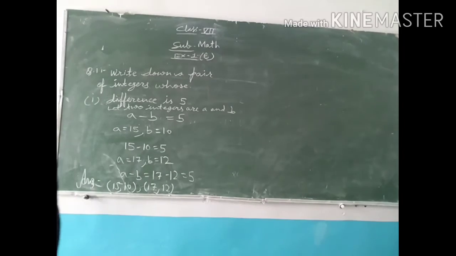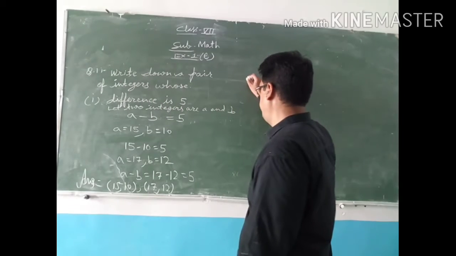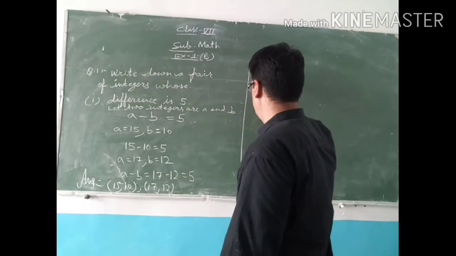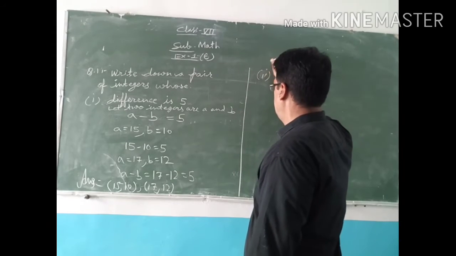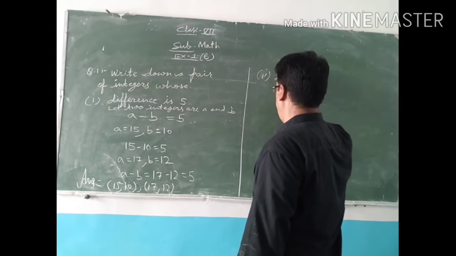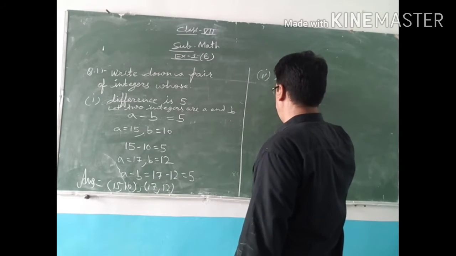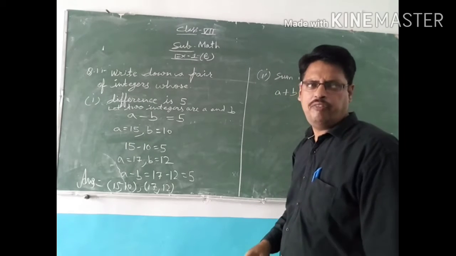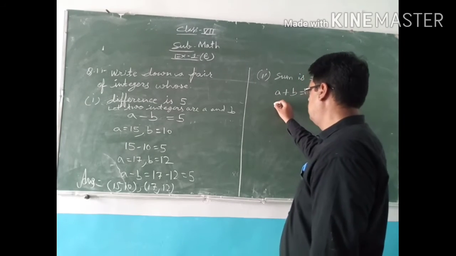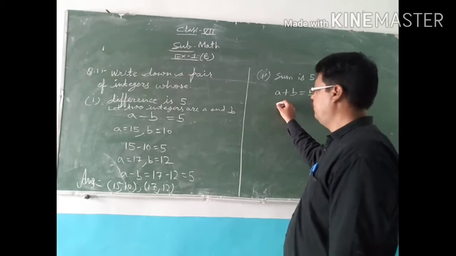Understood everybody? Second, two integers whose sum is 5, means a plus b is equal to 5. Two integers we have to take. So once I will take both integers positive.